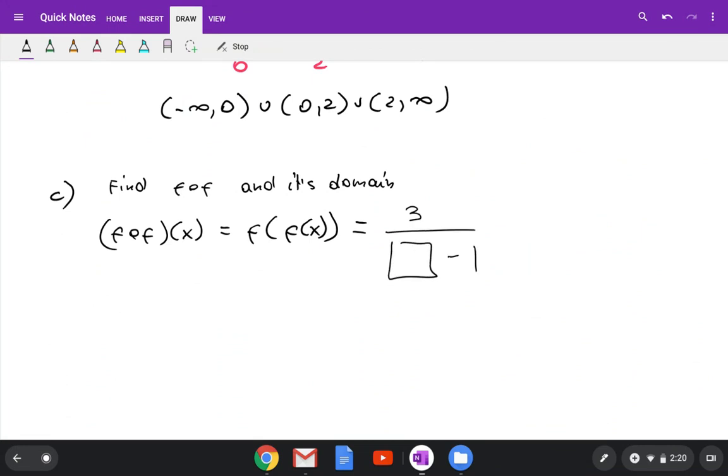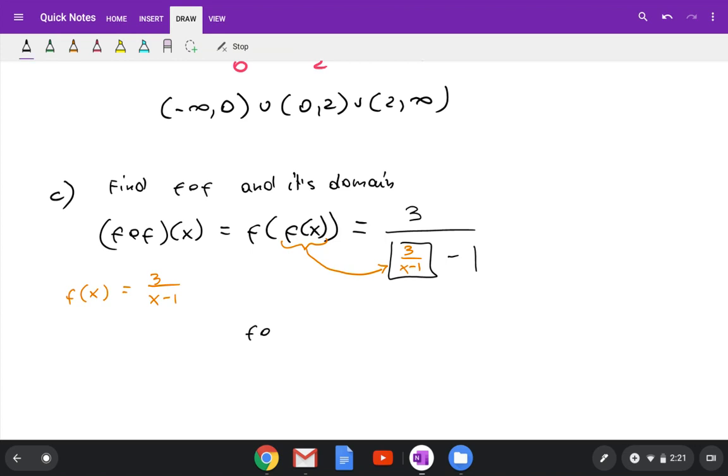And like you see, where I used to have x, I'm plugging in the entire equation of function f. So on the side, let me just put that f of x was 3 over x minus 1. Okay, so we plug it in: 3 over x minus 1. And of course, you need to simplify.